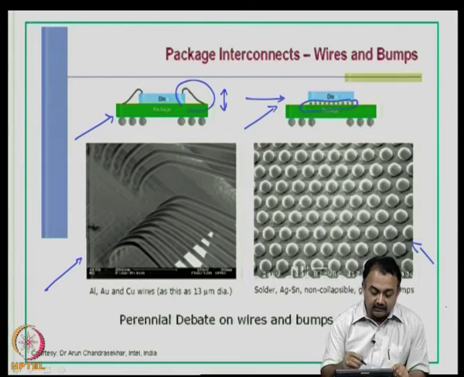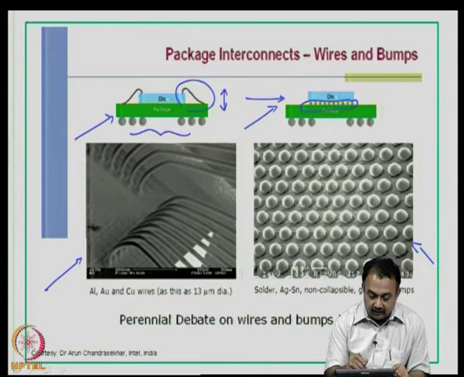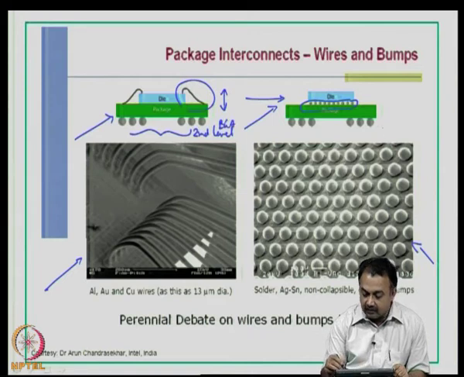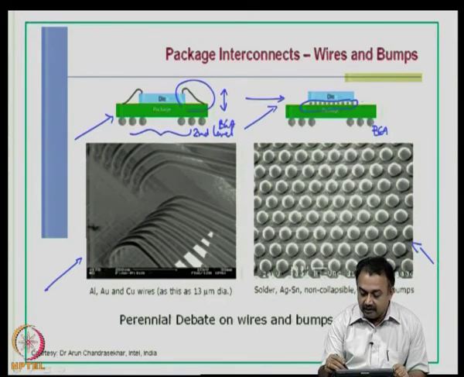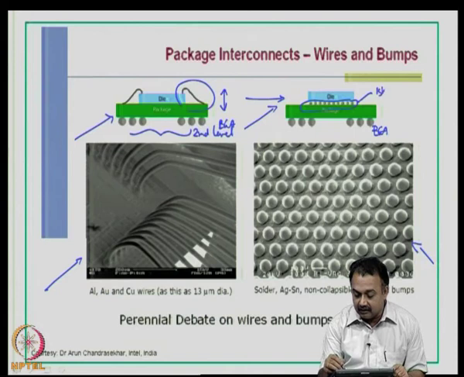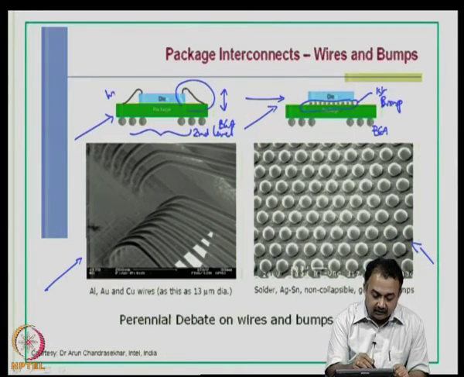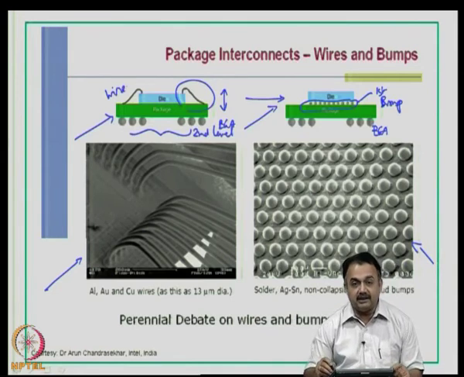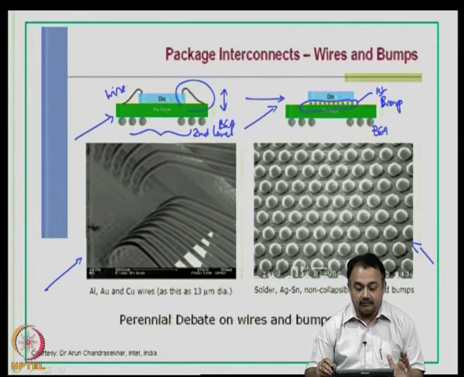Obviously, the package on the left is depicted as a BGA here. You can see the second level interconnect is a BGA. Here also it is a BGA, but here the first level interconnect is a bump and here the first level interconnect is a wire. So, this is the basic difference between these two. Okay.